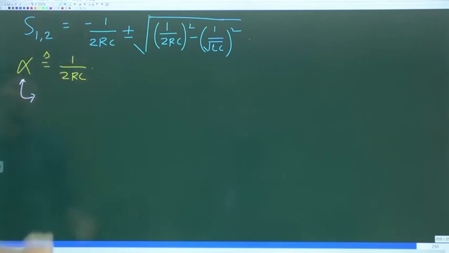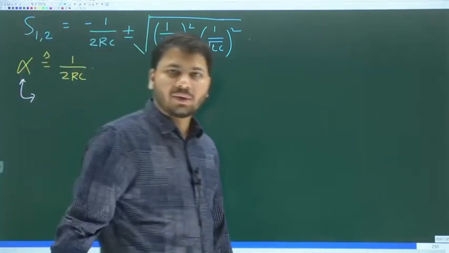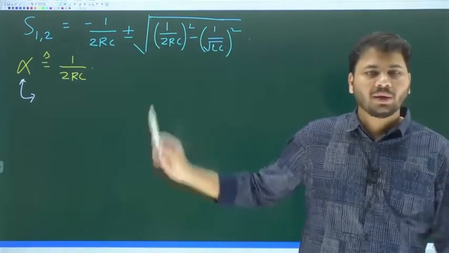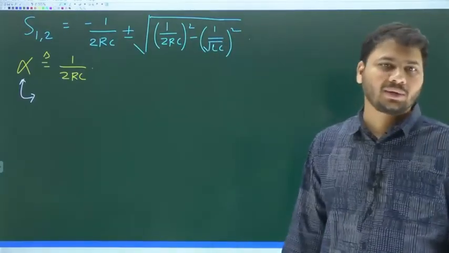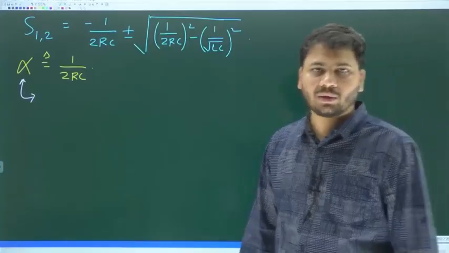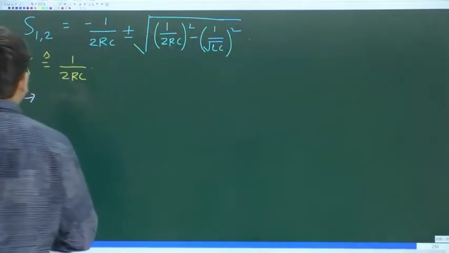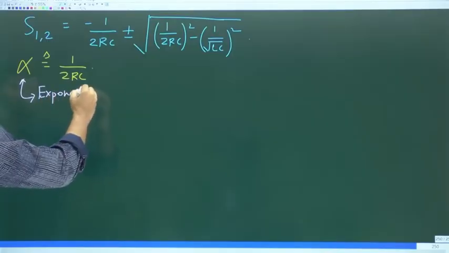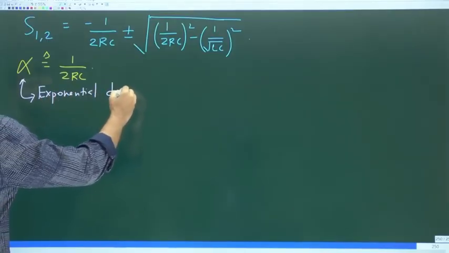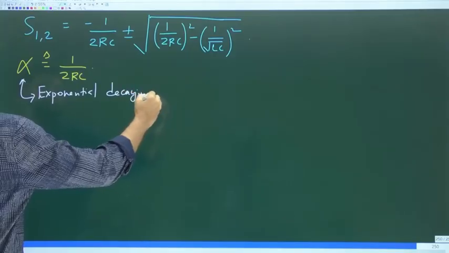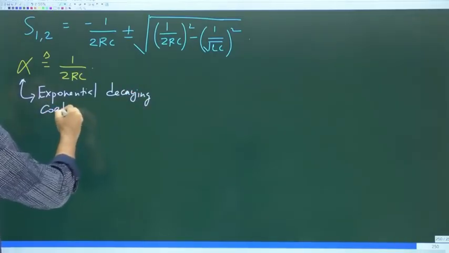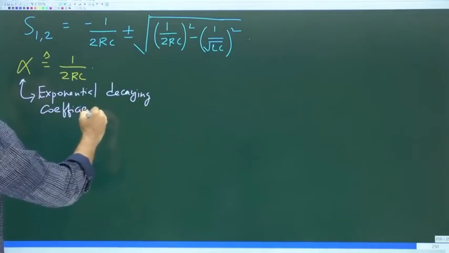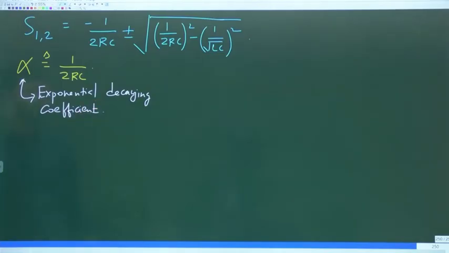So when we look at the actual form of the natural response, you will understand why alpha is called the exponential decaying coefficient.